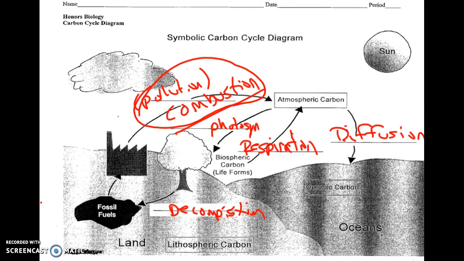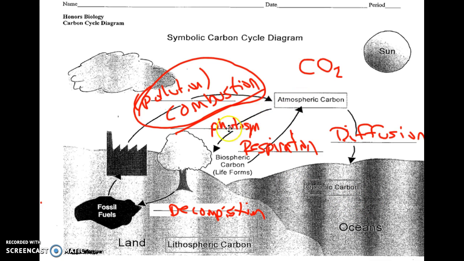Again, that would be carbon dioxide, the form it would exist in. So we have CO2 in the atmosphere as the atmospheric carbon. That can diffuse. You have carbon dioxide that can just go right into the water of lakes and oceans, especially oceans. So carbon dioxide ends up in the oceans that way.